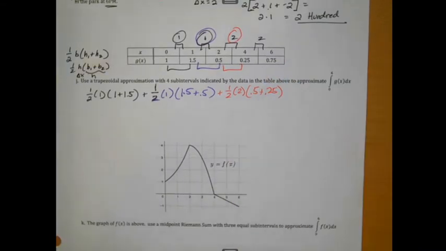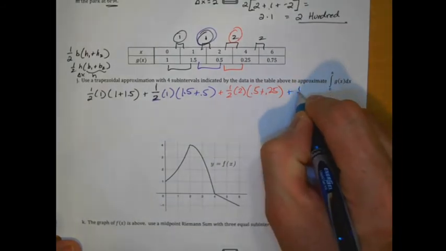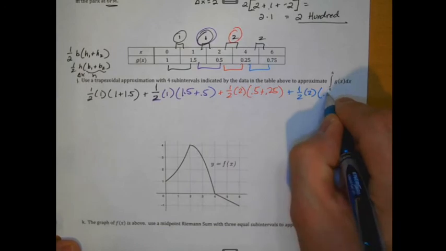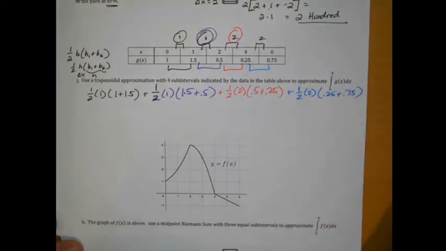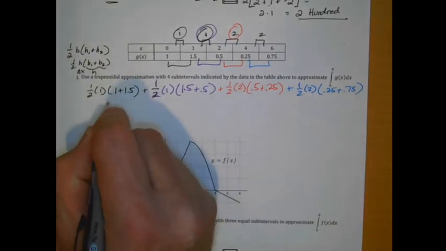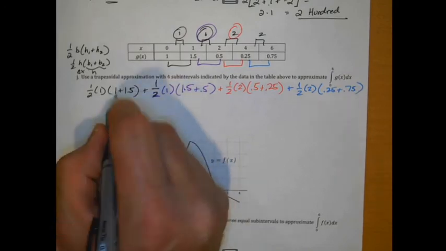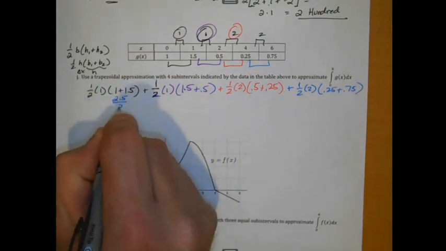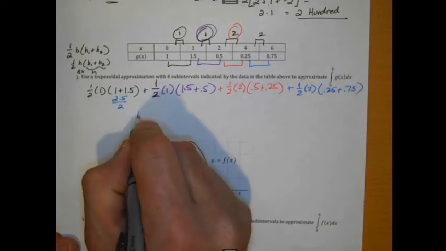And then we're going to add, there's blue, 1/2 of 2, and then we're going to add these two together, 0.25 and 0.75. Alright, so let's do a little bit of work here. This is 2.5, so that's 2.5 divided by 2. 2.5 in half is 1.25.